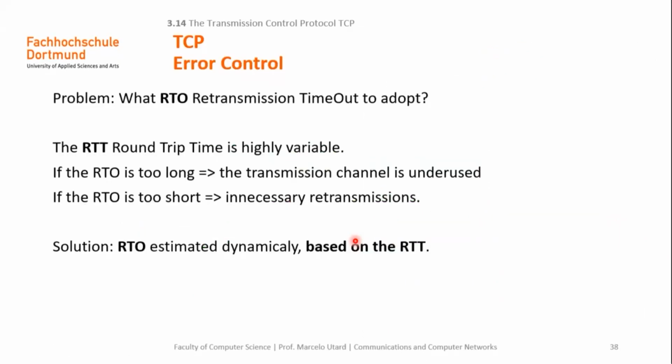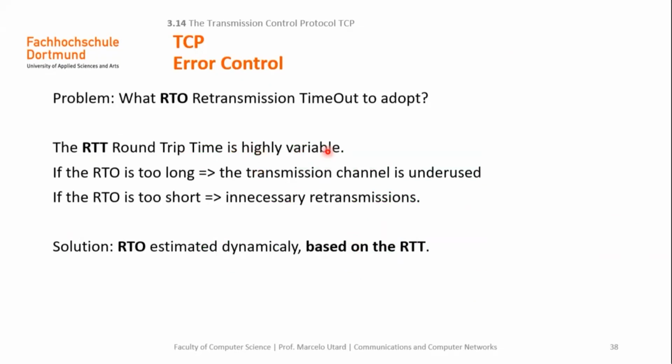The time elapsed between those instants is called the round trip time. Then the round trip time is highly variable. It depends if the systems are in the same building, in the same city, in the same country, or in different cities, different countries, different continents. And the situation of the network, if the network is congested or not congested.